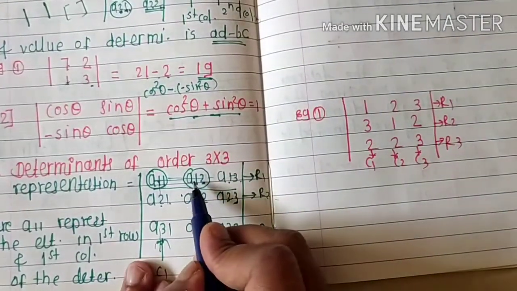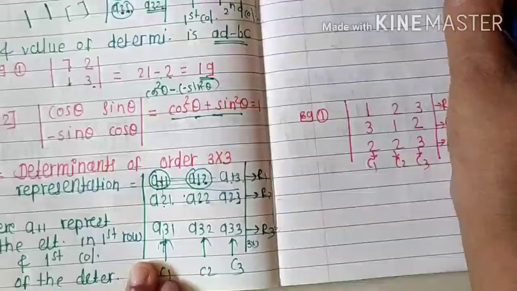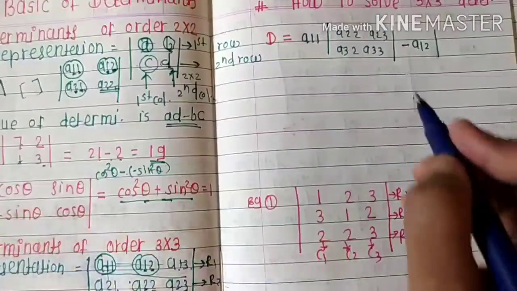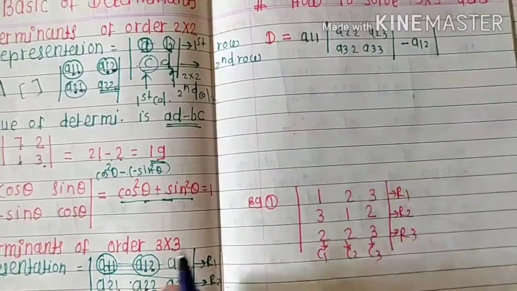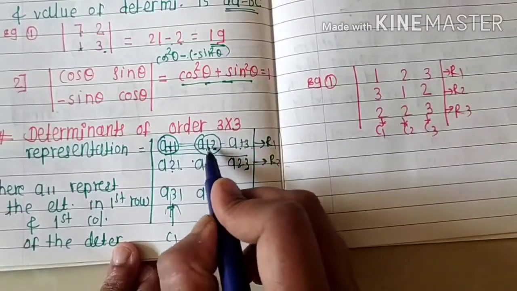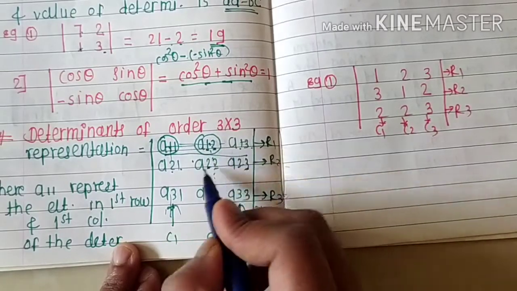The same thing for the second element: we take minus times the second element, which is present in the first row, second column. We eliminate this row and this column.